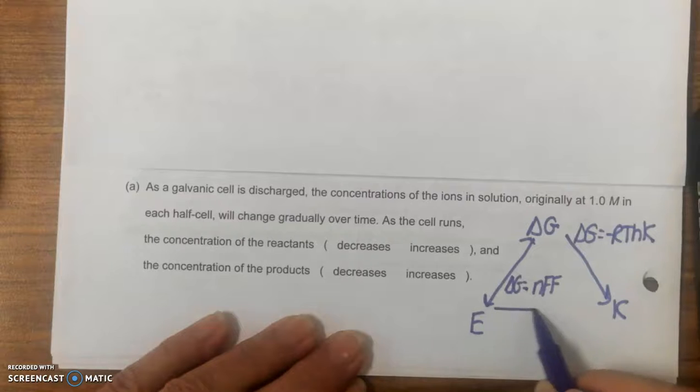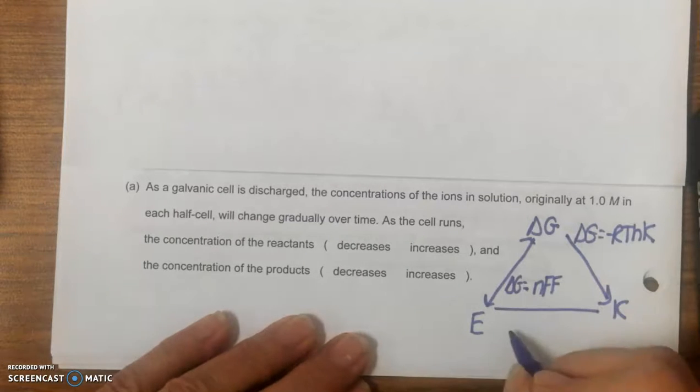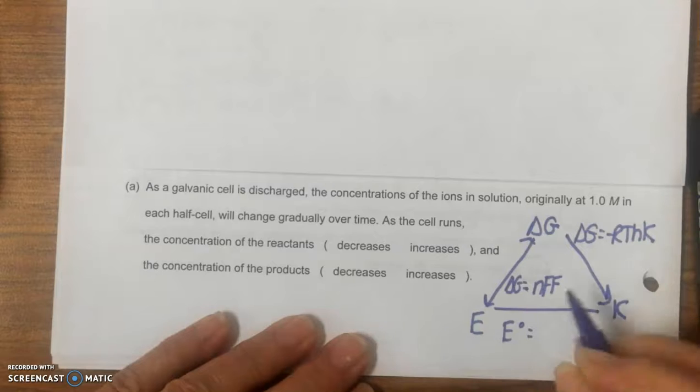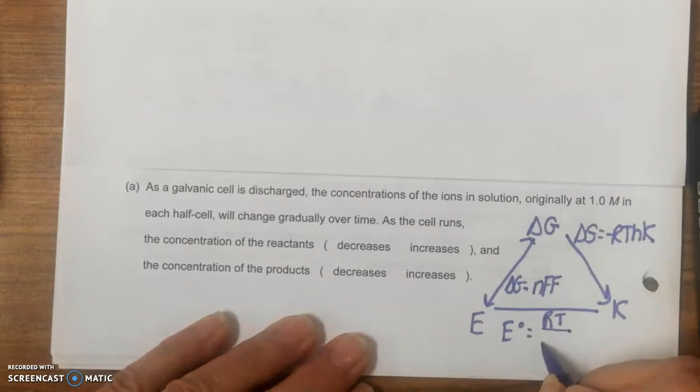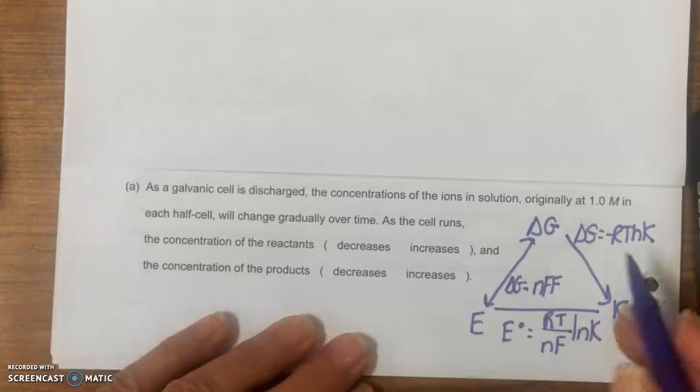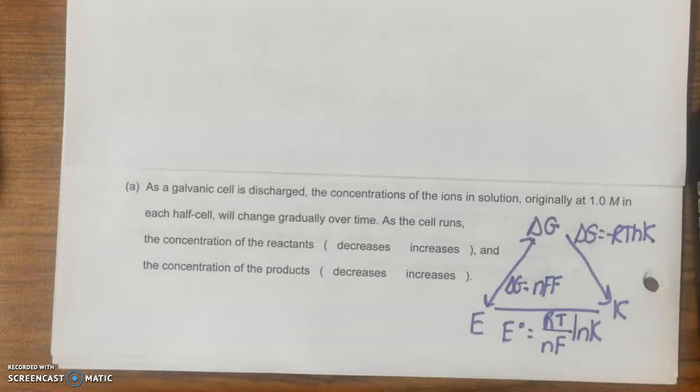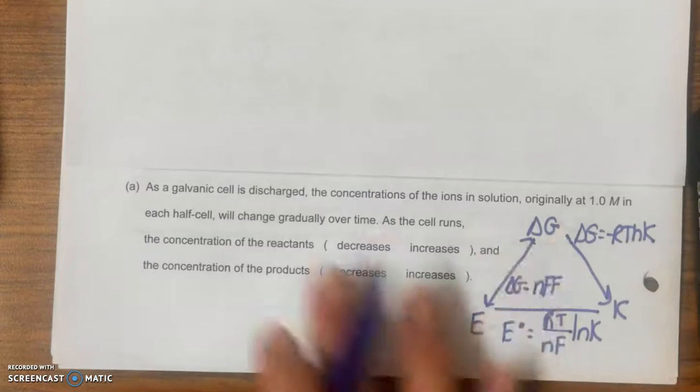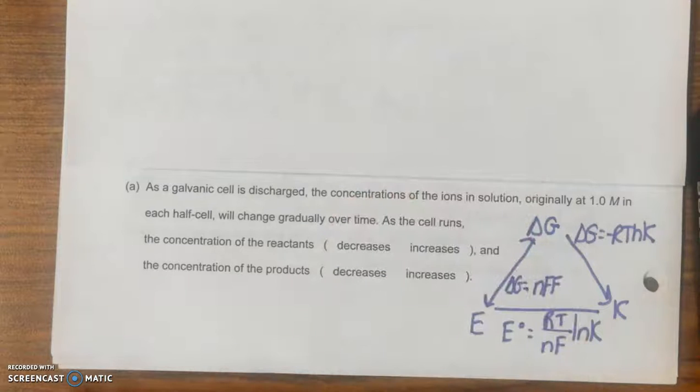And if I want to go from E to K, I'm going to use E is equal to RT divided by nF times the log of K, which is going to be a combination of both of those. So all of these are related to each other.